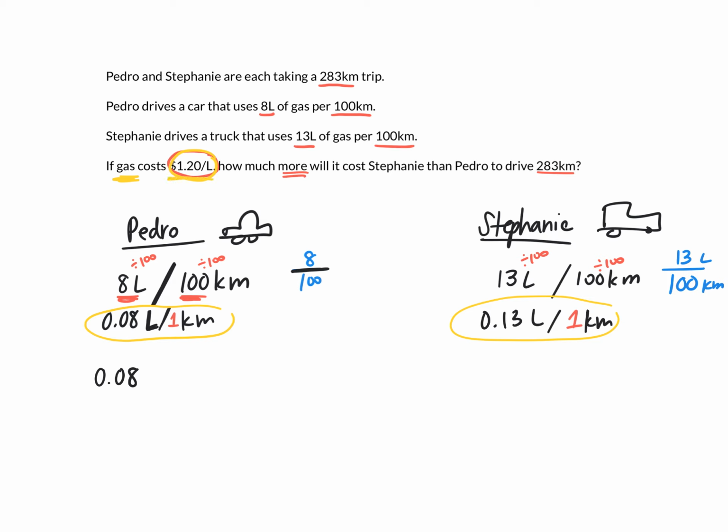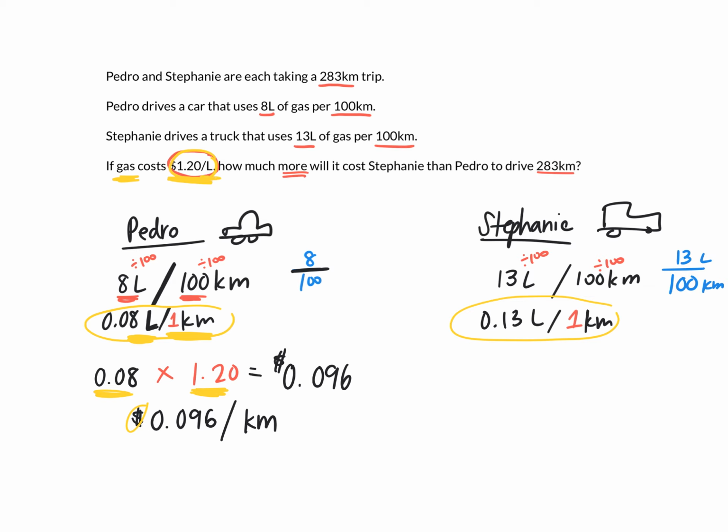If the gas costs $1.20 per liter, let's multiply this by $1.20 so we can figure out how much he's spending for every 1 kilometer, because this is what he's using per kilometer. Okay, so 0.08 times 1.2 is equal to 0.096 cents. So he is spending 0.096 cents per kilometer. Does that make sense? This is the cost per kilometer because this is how many liters he's using per kilometer, and this is how much it costs for 1 liter.